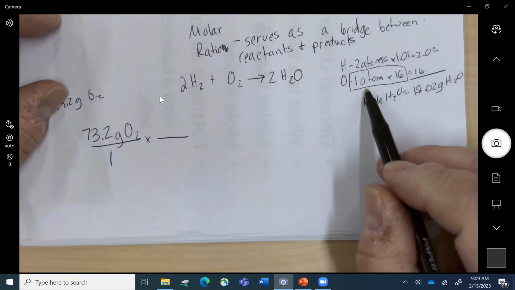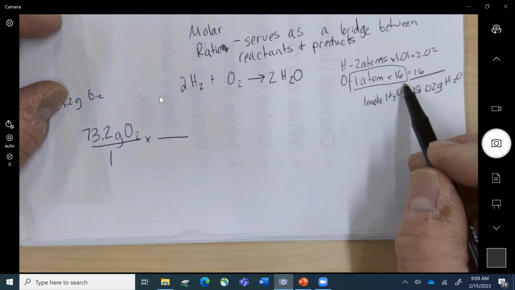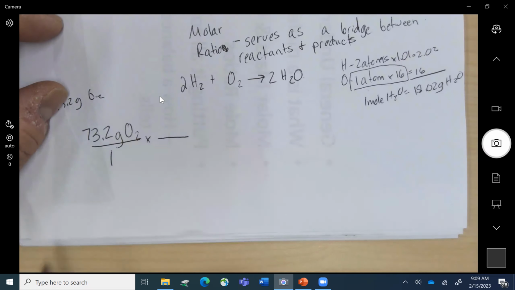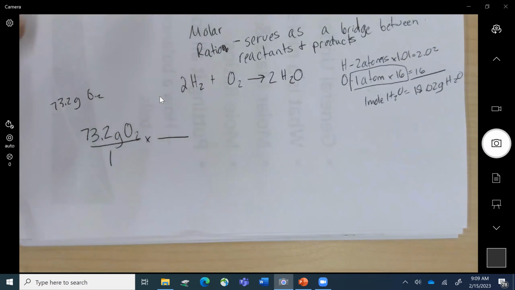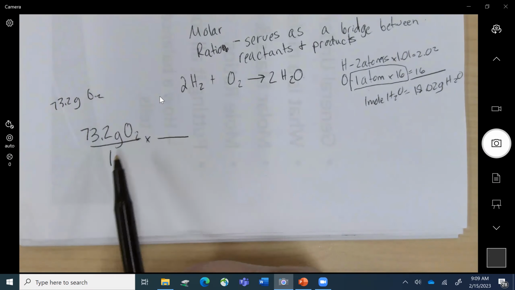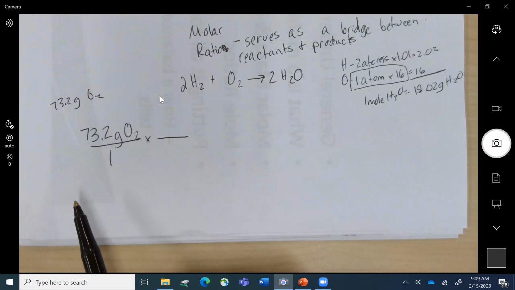But the key here is 1 atom of it weighs 16 grams. How many oxygens are there here? Is there 1 or 2? There's 2, okay? So the periodic table gives you the atomic weight of 1 atom.